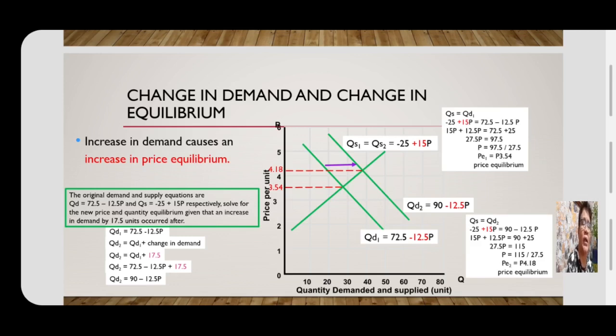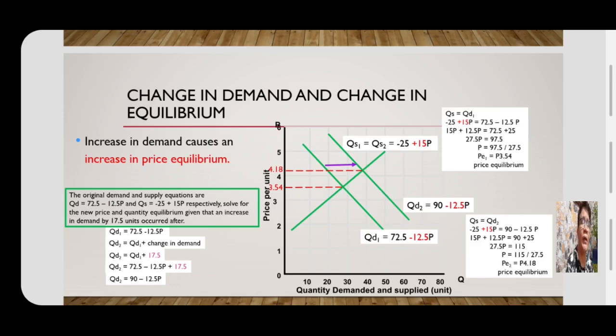But how much is the increase in price equilibrium? If we want to solve for the change in price equilibrium, it is simply PE sub 2 minus PE sub 1. The new price equilibrium minus the original price equilibrium equals the change in price equilibrium.